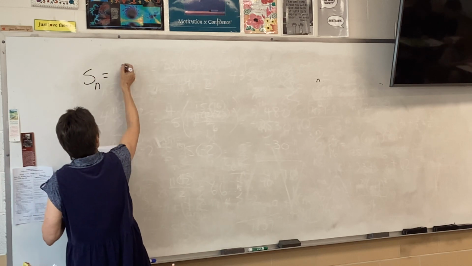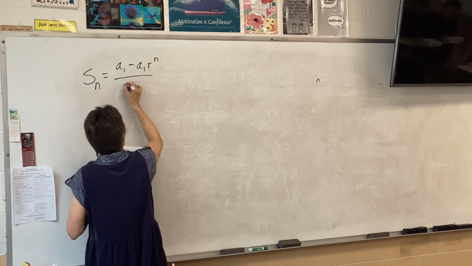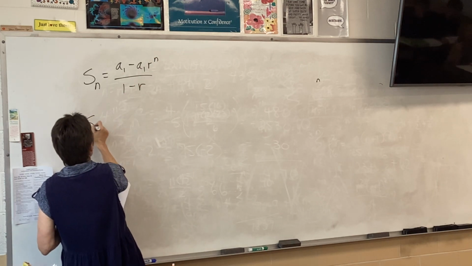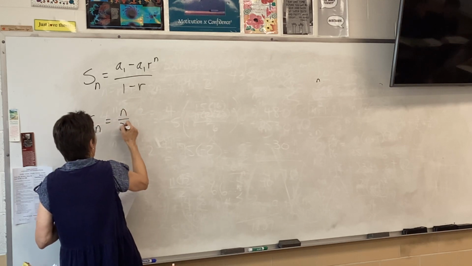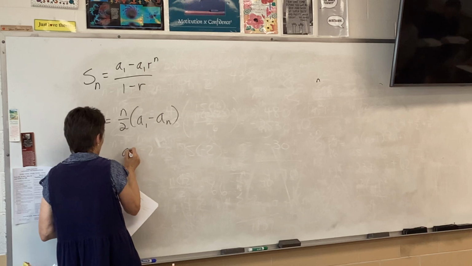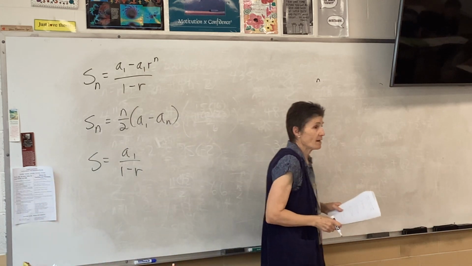Now, I am going to list my sum formulas over here, and I think it was at the very end of the period I wrote these down. Did we talk about what they are used for?